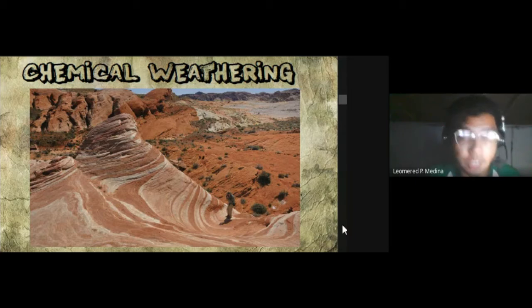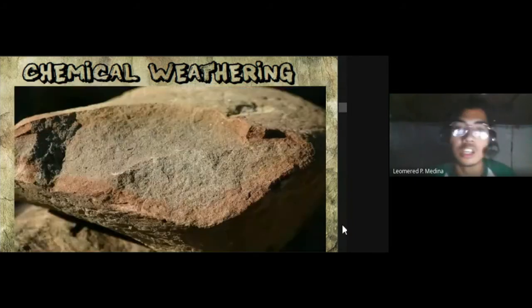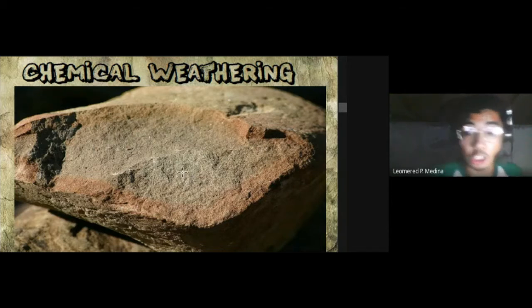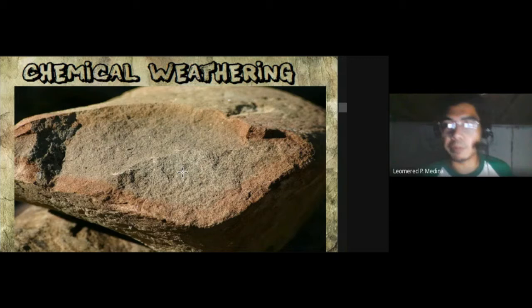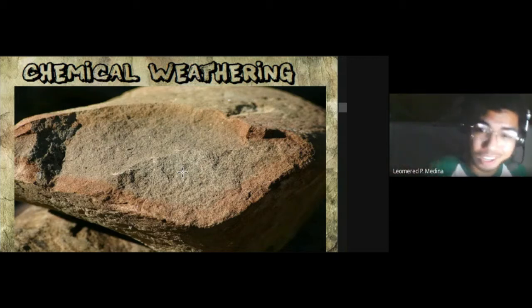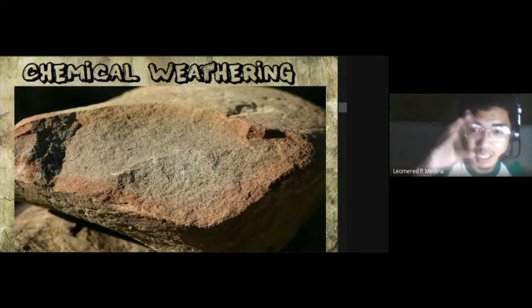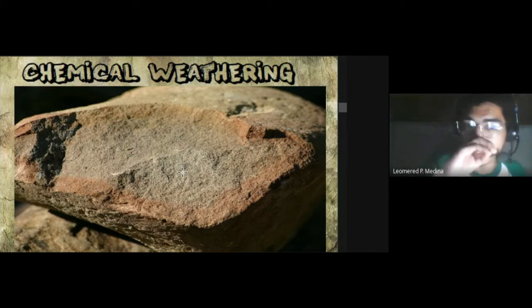It is because of hydrolysis and oxidation. While you can also observe that in some rocks, there is carbonation, or the presence of carbonic acid, which will simply seep inside this rock, and it will start to disintegrate the different materials or minerals that are present in this particular location.